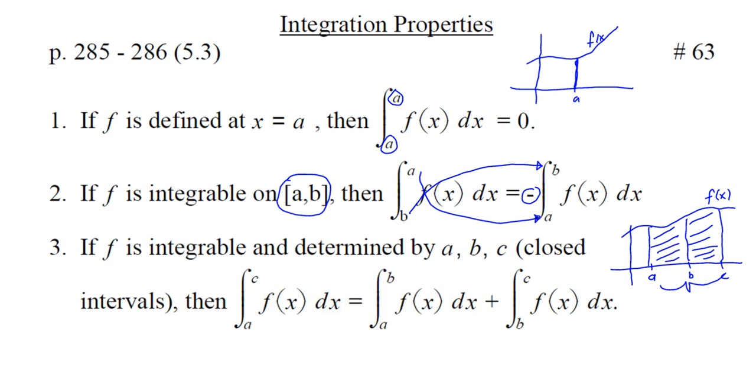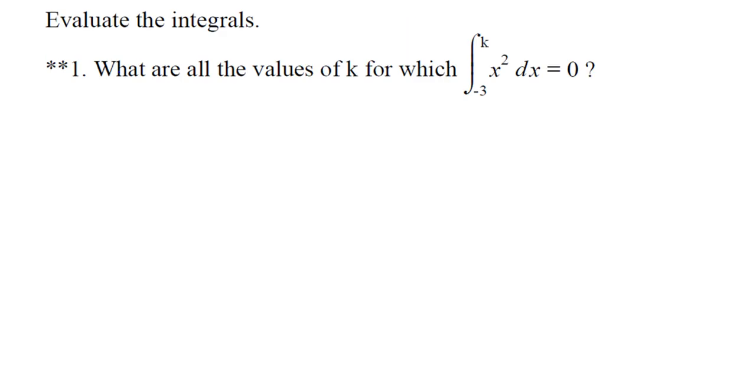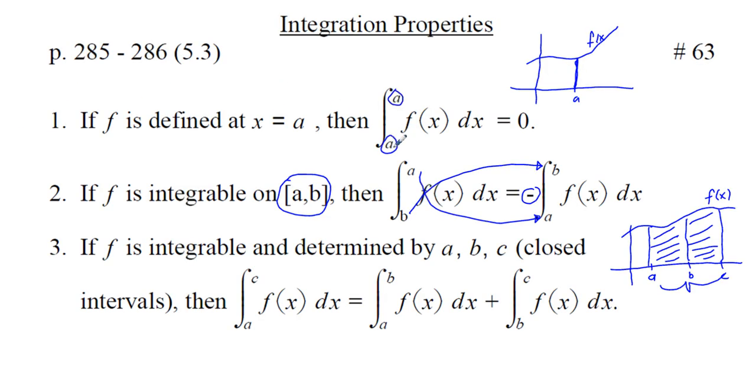Okay, now a few problems that will make use of these properties. What are all the values of k for which the integral from -3 to k of x squared dx equals 0? Well, we can go back here to number 1. If we have the integral from a to a of f of x dx, that will be 0.